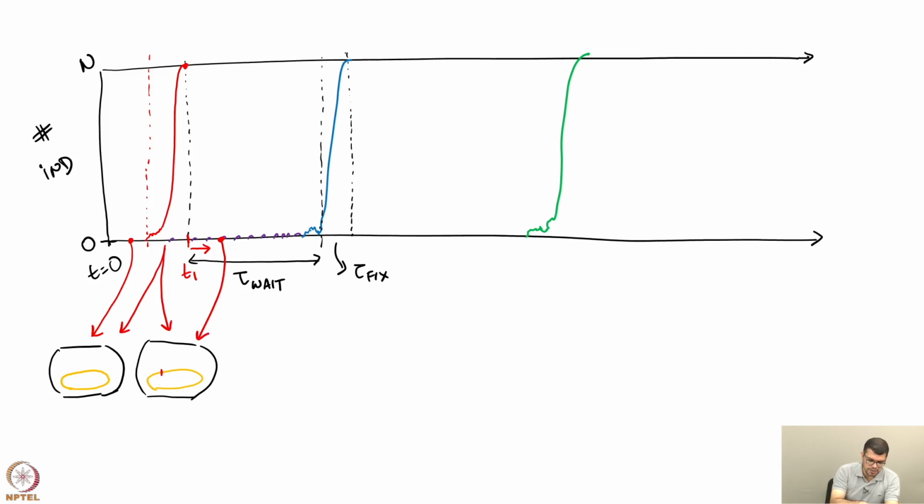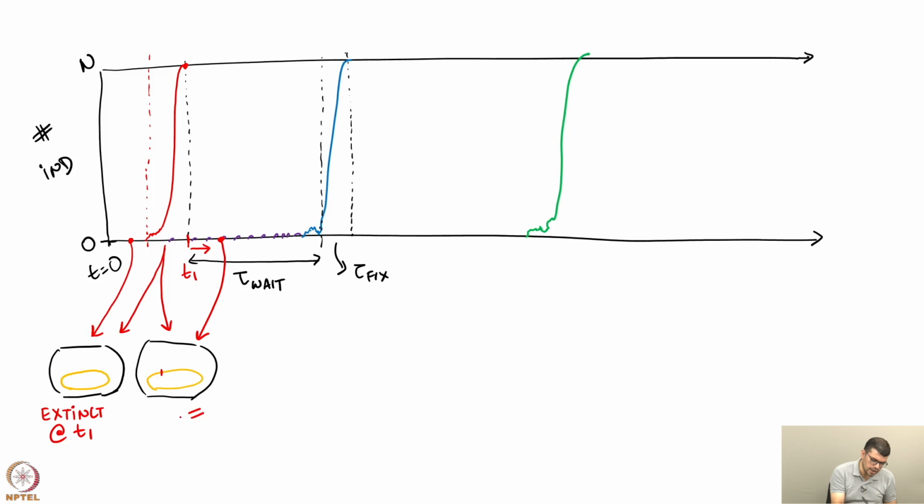So, we started with this genotype and this went extinct at T1.